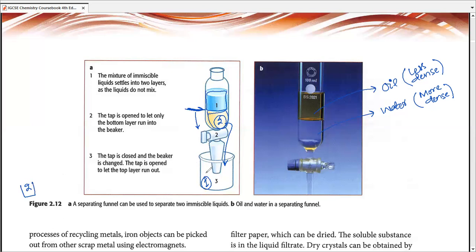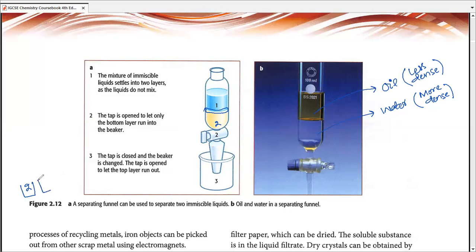Now put another new dry beaker. Open the tap carefully. This time, a little bit of solution 2 and a little bit of solution 1, let both of them run into the next beaker.